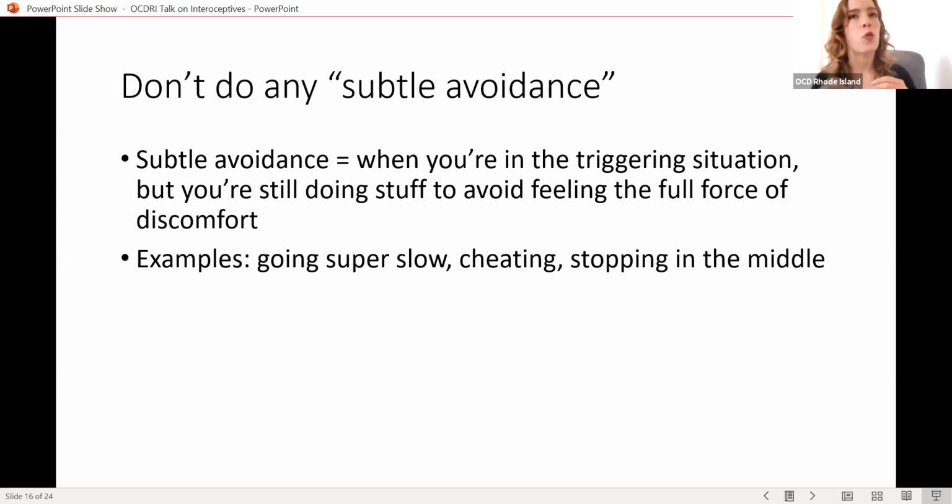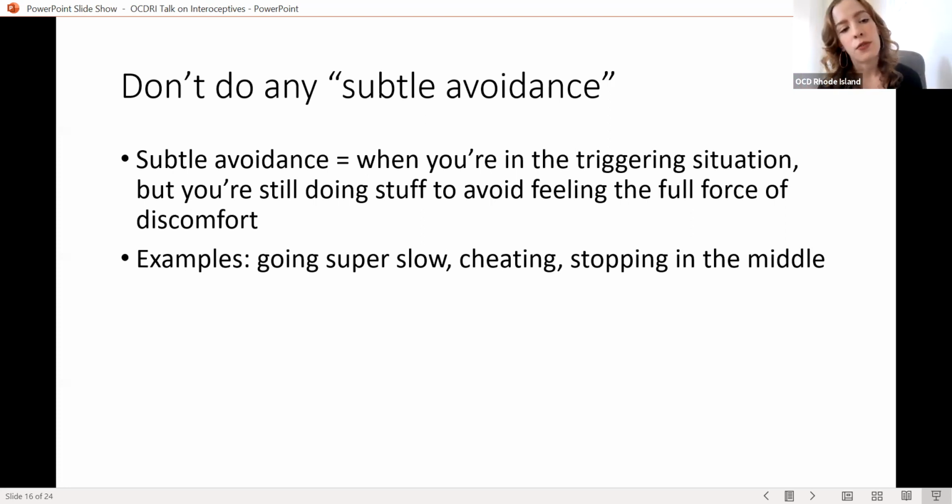Subtle avoidance is when you're in the triggering situation, but you're still doing stuff to keep it at arm's length and to not feel the full extent of the feelings. This undermines the exposure because it plays into the idea that this is fundamentally threatening and bad, and we really have to not get too close to it.